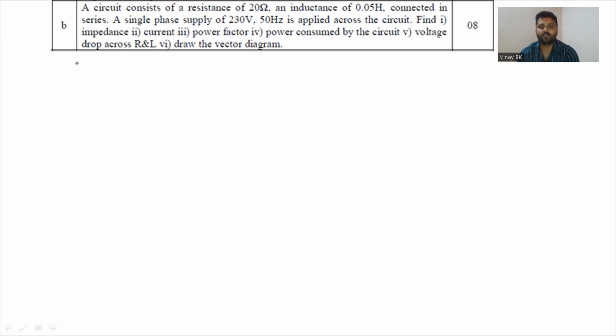The circuit consists of R and L, an RL series circuit. Now draw the RL series circuit: a resistor R and inductance L across a voltage source V. The value of R is given as 20 ohm, L is given as 0.05 Henry, the voltage V is 230 volts, and the frequency is 50 hertz.